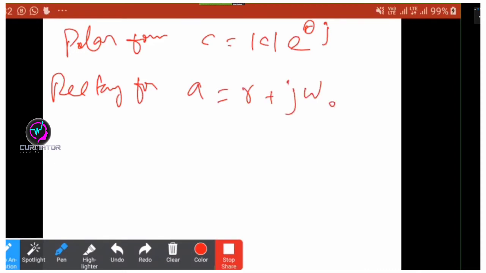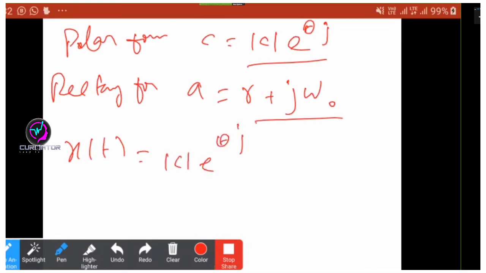Then x of t will become, instead of c I am going to substitute this value, so it will become mod c e power theta j, and instead of a I am going to substitute this value, so e power r plus j omega naught t.